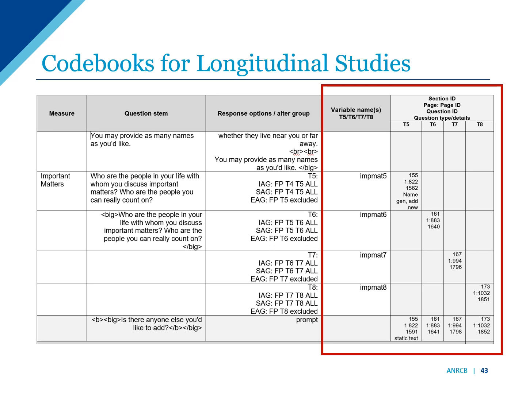If you're conducting a longitudinal study, you'll typically be asking a set of questions at baseline and then a set of questions that are asked at each follow-up, some of which will be the same as baseline and some that are not. But typically the follow-up questions will be the same at each follow-up wave. In this example, this codebook shows questions for follow-ups at time 5, time 6, time 7, and time 8.